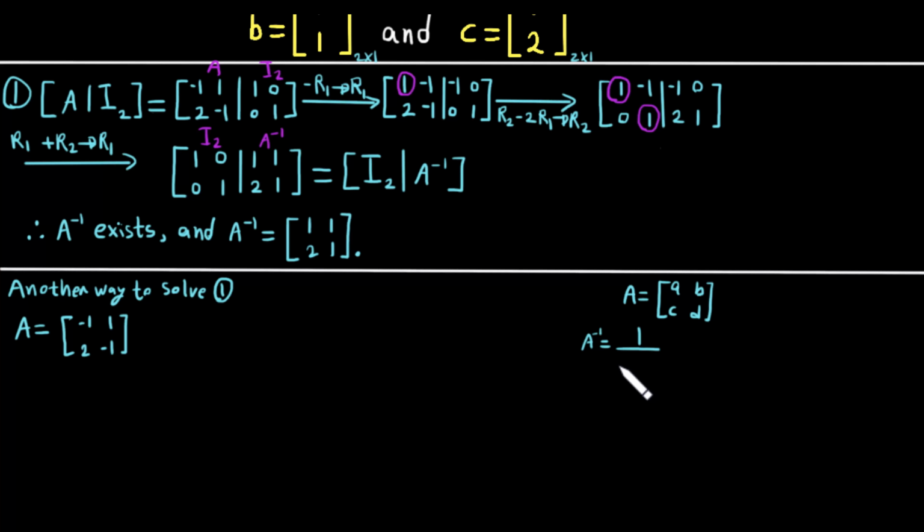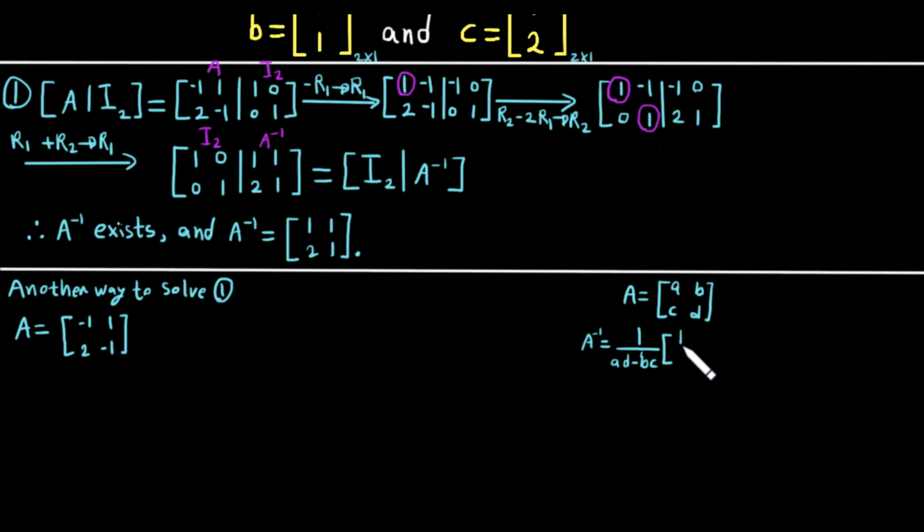A multiplied by D, minus B multiplied by C, which is the determinant. And here this matrix, it will swapping these two.